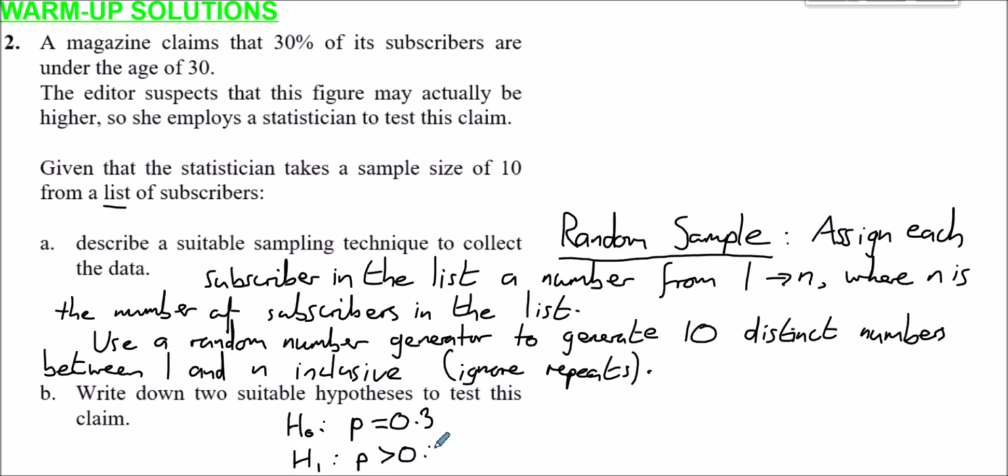There might be more than 30% of subscribers that are under 30. So we need to mention what p is, where p is the proportion of subscribers under 30.